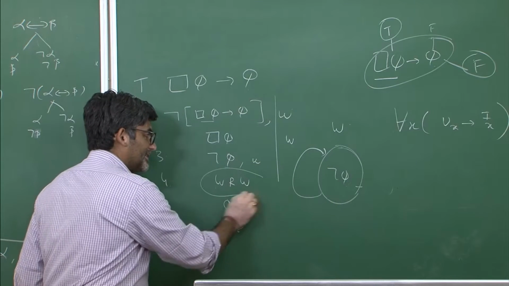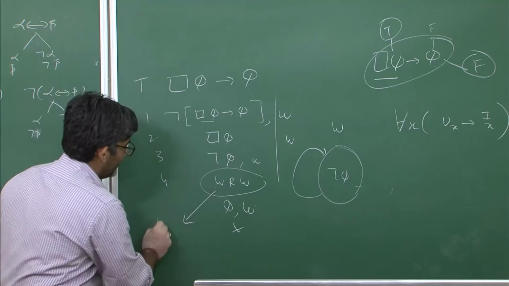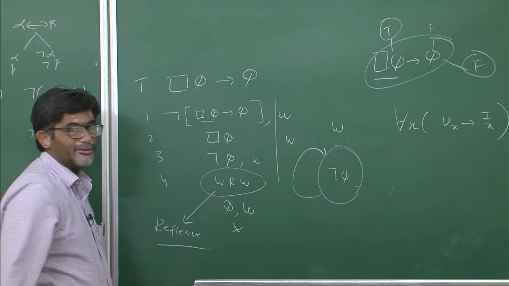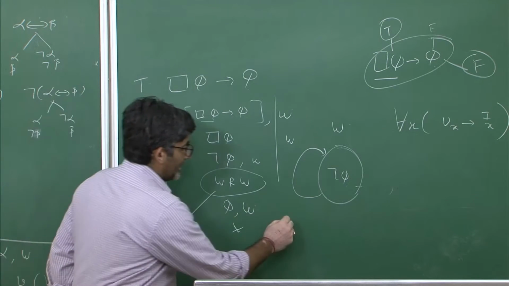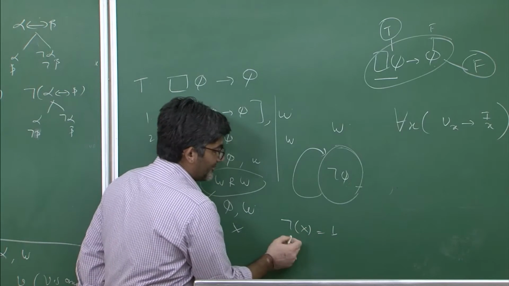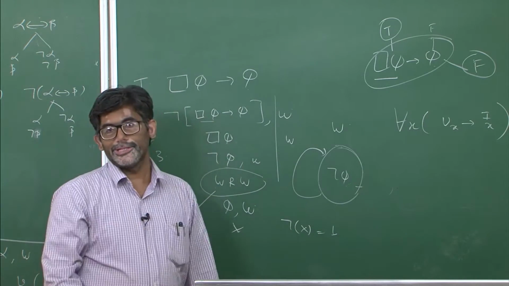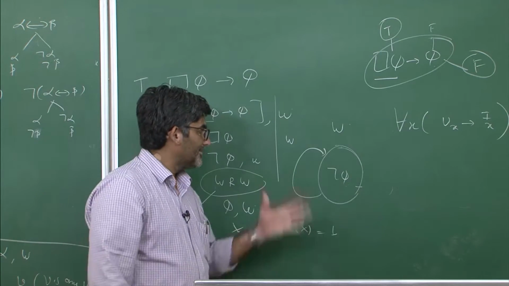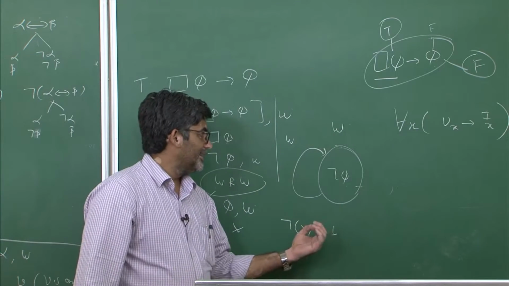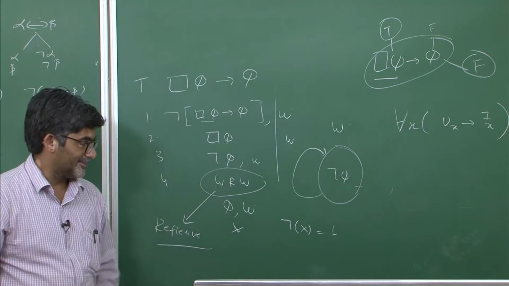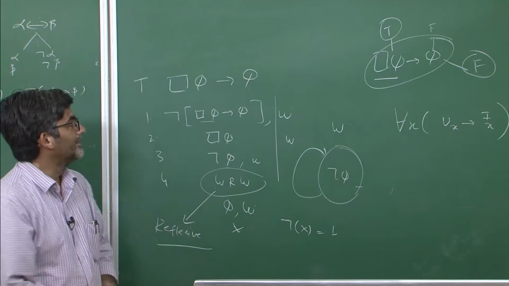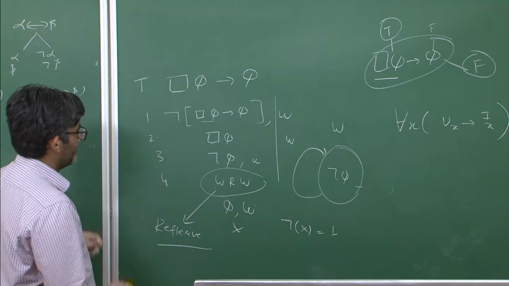So under what conditions do we close this? When the accessibility relation is reflexive, then only the branch closes. Not x is going to be unsatisfiable only when you impose a constraint in the form of reflexivity on the accessibility relation. So that means this formula holds only in reflexive frames.